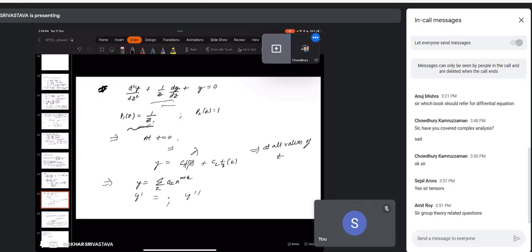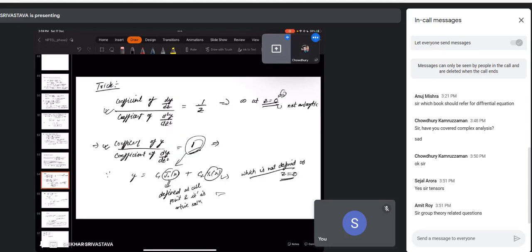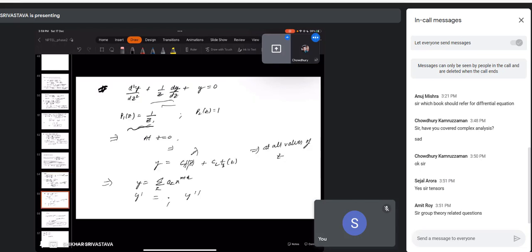I'm not very sure, but what I've tried is to give a trick method to solve this kind of question. And this coefficient thing is nothing but P1z and P2z. So you can just try to relate how these different P1 and P2z can give you different classes of solution. I was trying to find whether P1z represents one kind of solution and P2z represents a separate kind of solution.